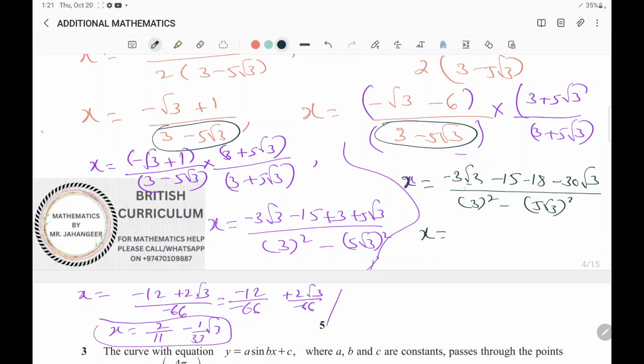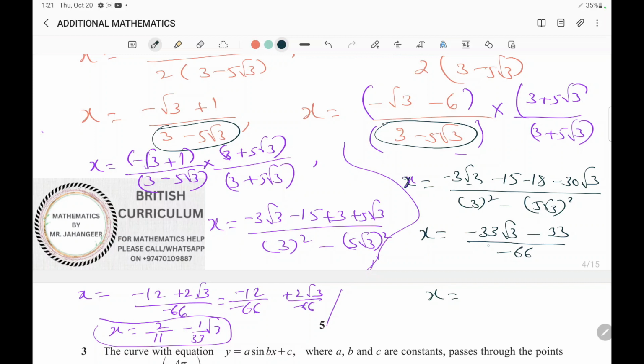Okay guys, so minus 3 root 3 and minus 30 root 3, so I got minus 33 root 3, and here minus 15 minus 18 we will add, we will get minus 33, and 3 square minus 5 root 3 whole square we already got minus 66. So it is minus 66.